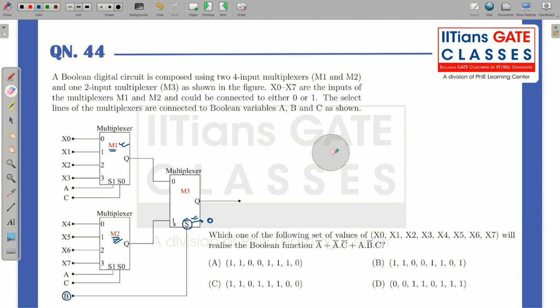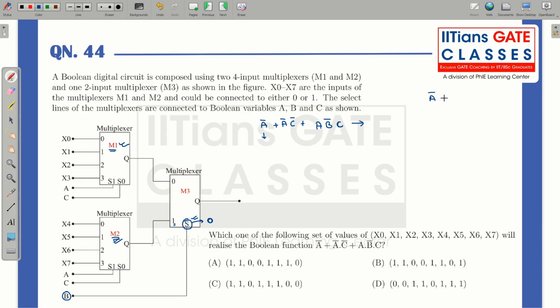This has been given: A complement plus A complement C complement plus A B complement C. So what will be the corresponding minterm? For A complement, I will show you one shortcut.